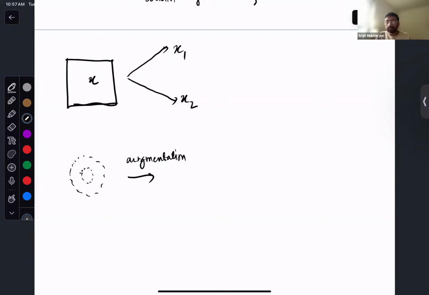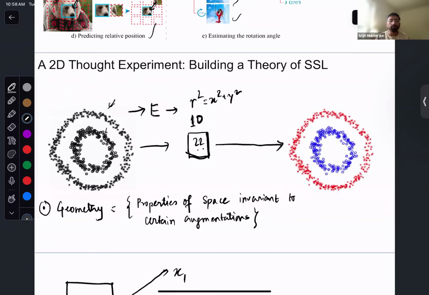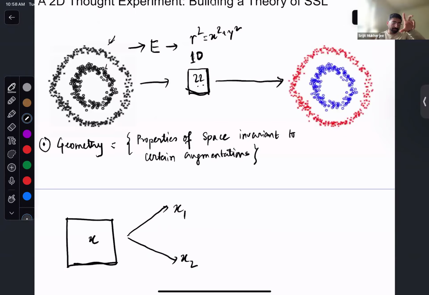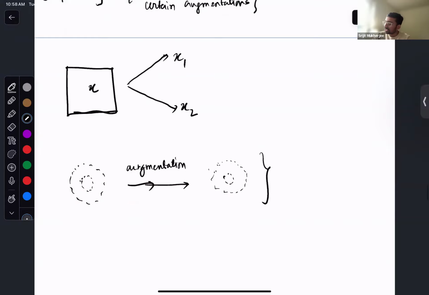In this case, we will just rotate it. If you rotate it, it will kind of remain the same. Probably the positions will change, but the whole structure, if you rotate, this property will remain the same. This spatial geometry of the two 2D clusters will remain the same, like this. And we keep on rotating it. So what we are discovering is we are trying to understand what doesn't change when you keep on rotating this. The question is, what doesn't change?